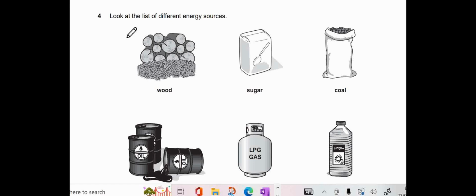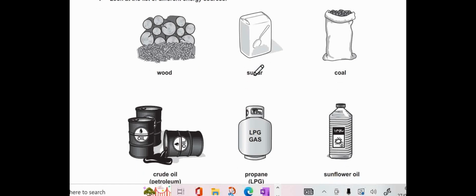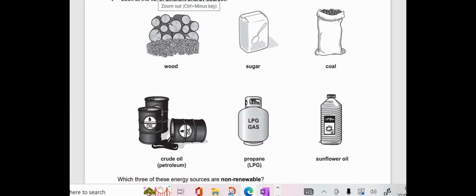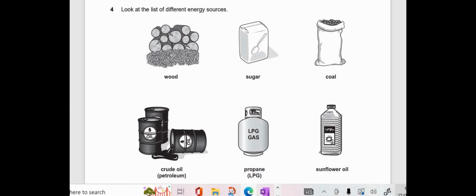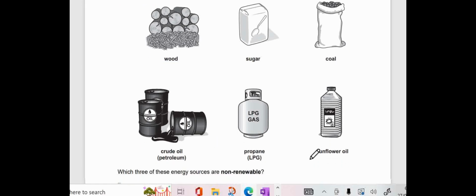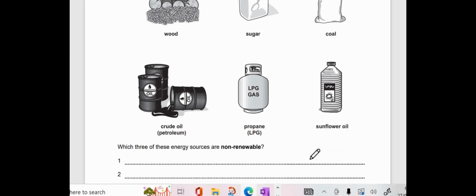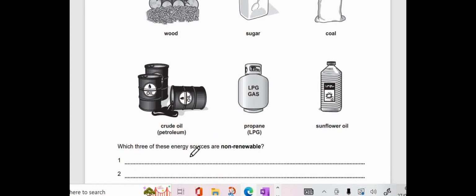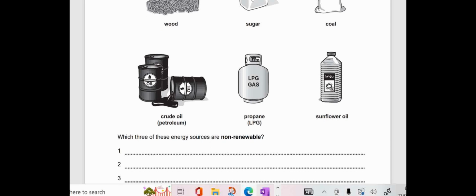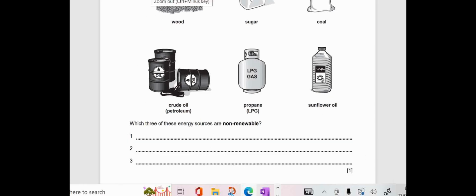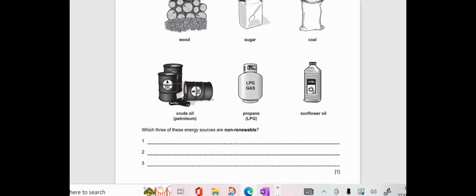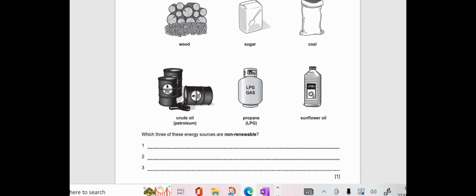Next question number 4. Look at the list of different energy sources: wood, sugar, coal, crude oil, LPG, sunflower oil. Which 3 of these energy sources are non-renewable? Non-renewable means it will not last forever.